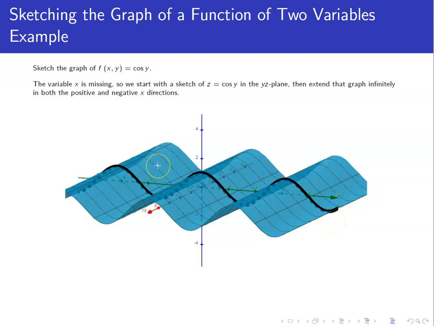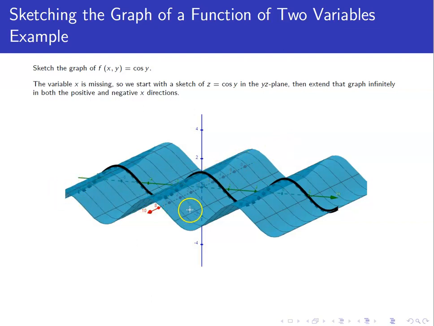Now, since the x is missing, that means x can be anything, as long as it satisfies the equation of the curve that we have here with the y coordinate. The x coordinate can be absolutely anything. So we can extend this curve out in the positive and the negative x directions, and that's how we get the surface.